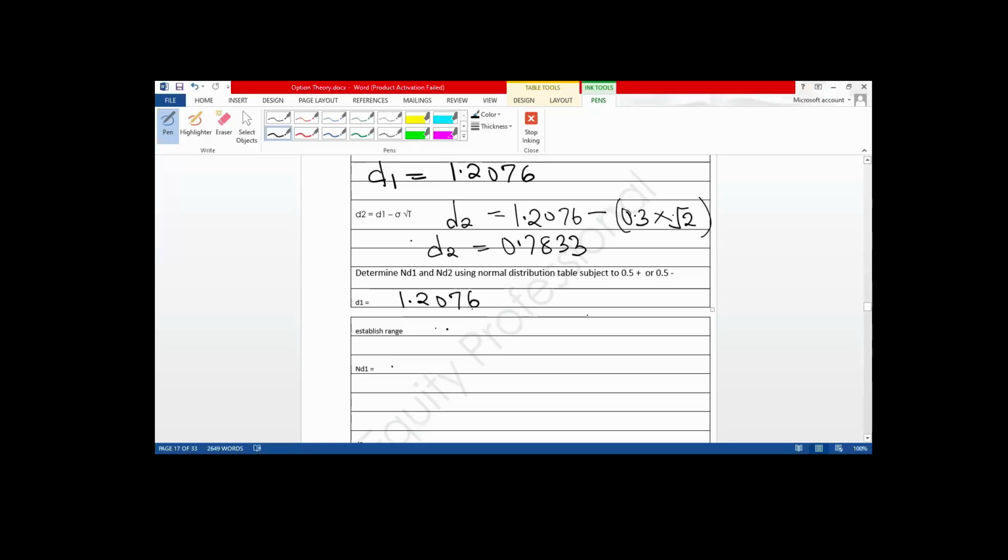Establish a range. This number, 1.2076, is between 1.20 and 1.21.